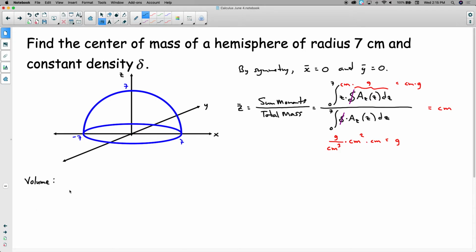Pulling you back to a lesson from months ago, let's get the volume of the ith disk. Well, I need to draw the ith disk.